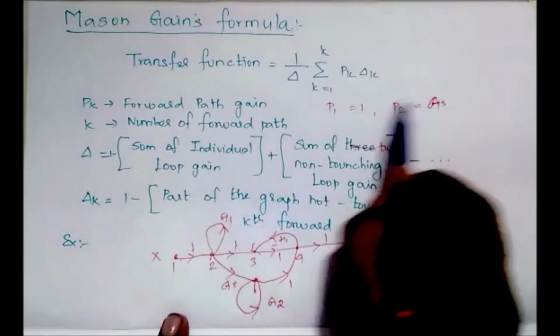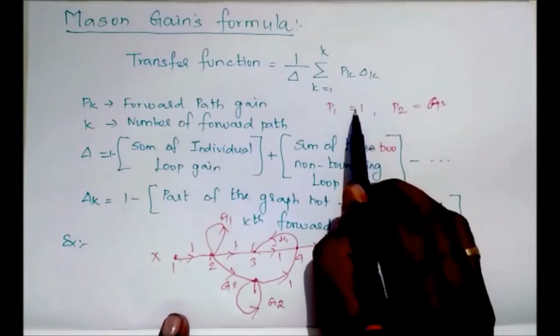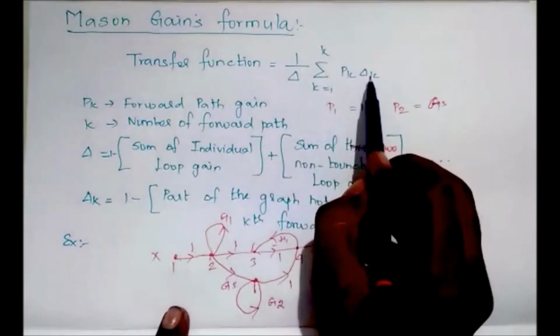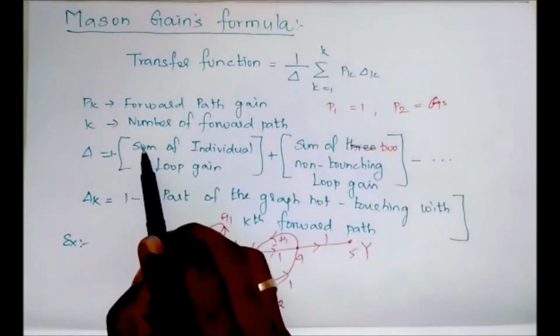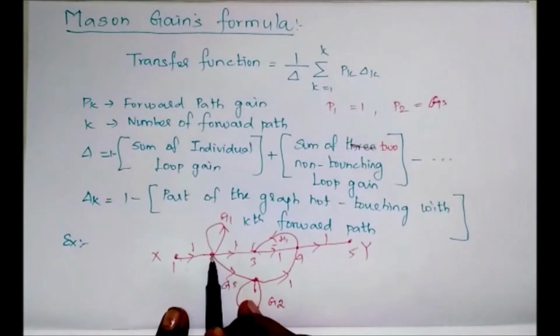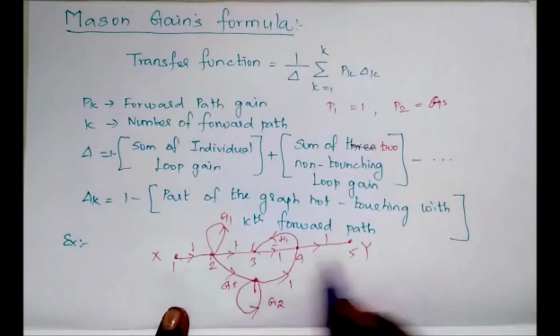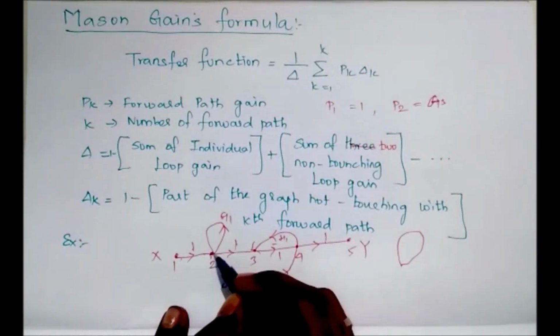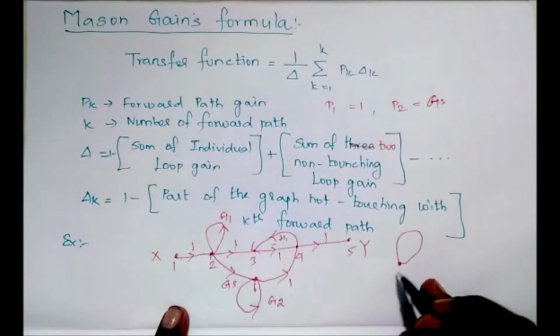We identified the forward paths and we calculated its gain value also. Next we have to know del value. For del value, sum of individual loop gain. In this formula, loop means it has to start and end with the same point. So here this is a loop. At this point it is starting and ending with the same point.